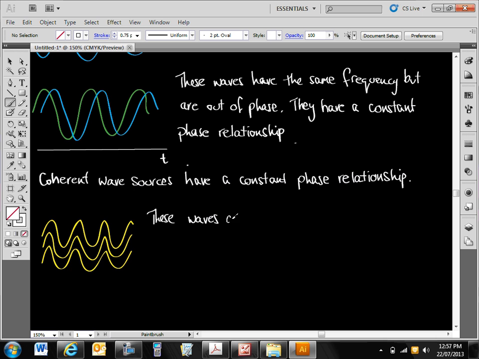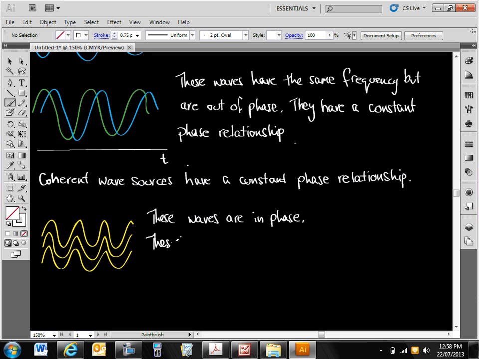What else? Yes, they do have a constant phase relationship of basically no wavelength out. Well, I haven't drawn them very well, but you could say that they have a constant phase relationship of 0 between them. What else could you say? They have the same frequency. They all have the same frequency.